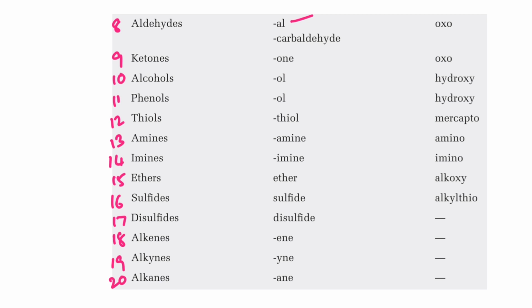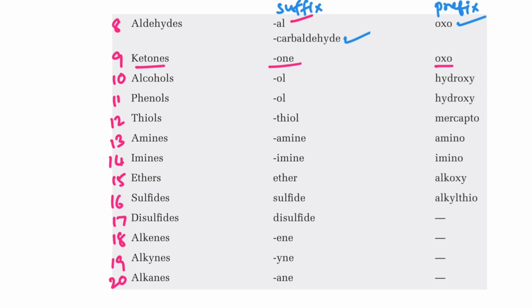Next, carbaldehyde, the aldehyde group carbon not counted. Oxo is a prefix name. This is called prefix, this is suffix. Now, next one, ketones. One is the suffix name. Oxo is the prefix name.